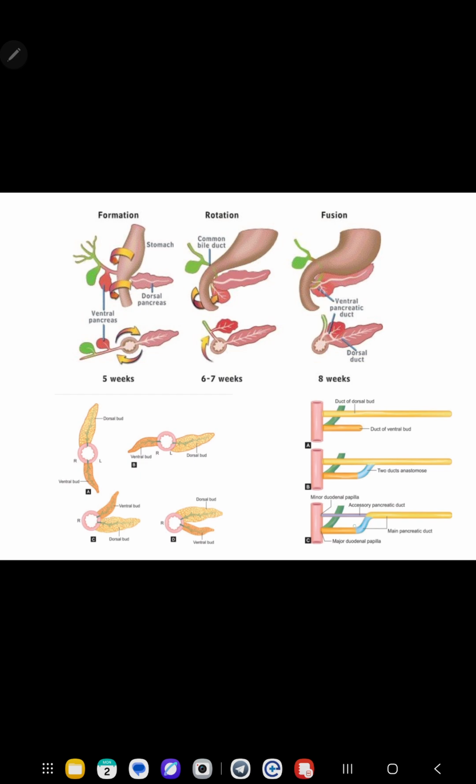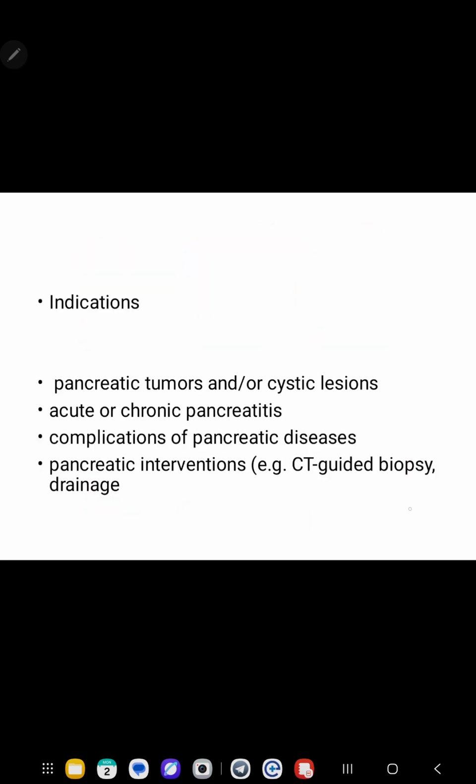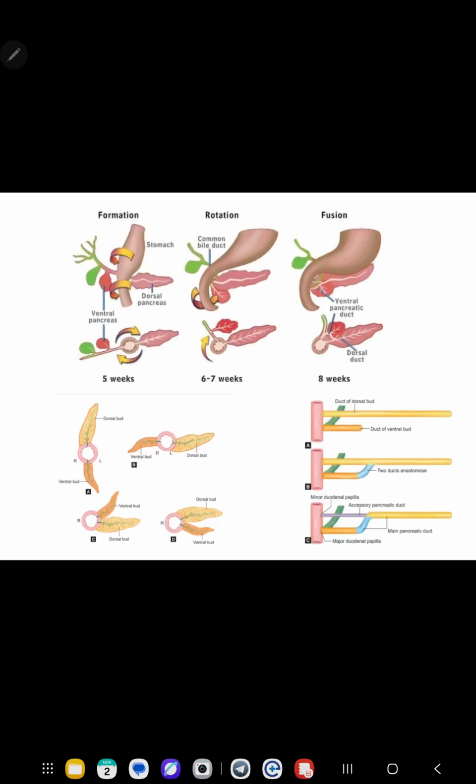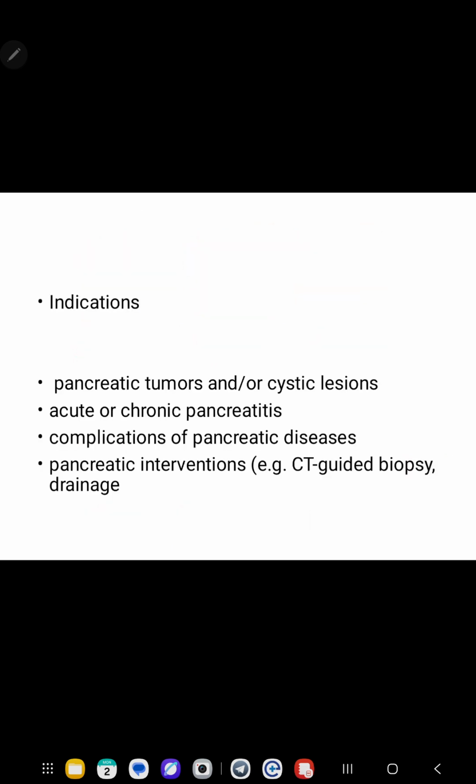In 30% of people, the accessory duct will regress and involute. In 10% of people, they will have something called pancreas divisum, that is, two ducts opening separately. We will discuss that.